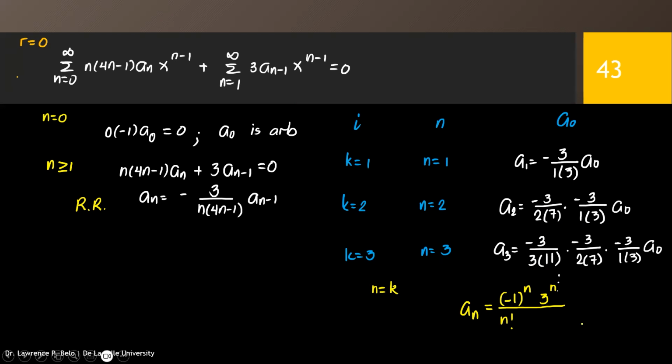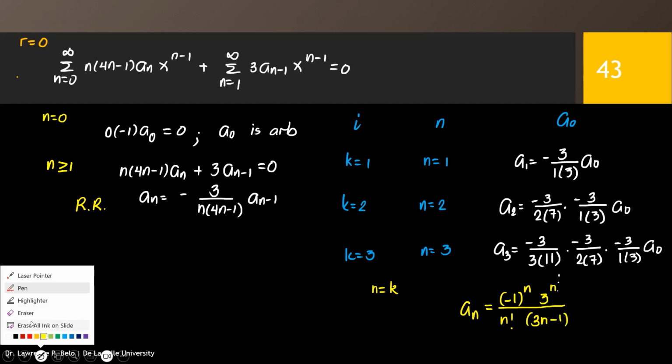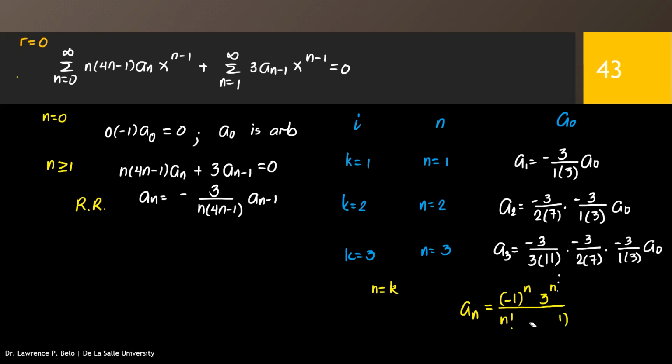That can be written as 3, I know, 4n minus 1, right? Or if you want, you can write it like this first: 3, 7, 11, up until 4n minus 1. And then all of them end with a sub 0.